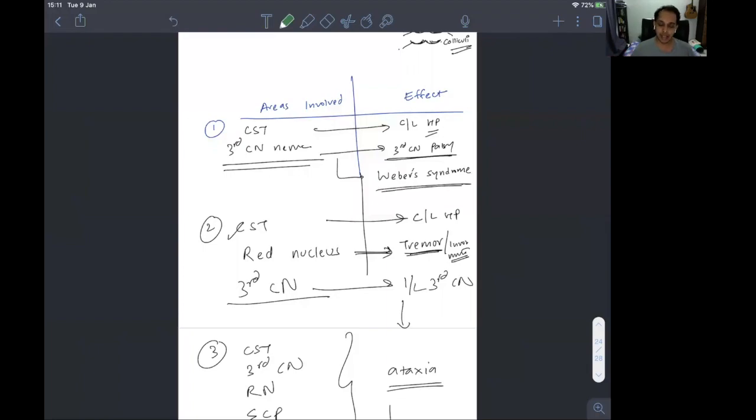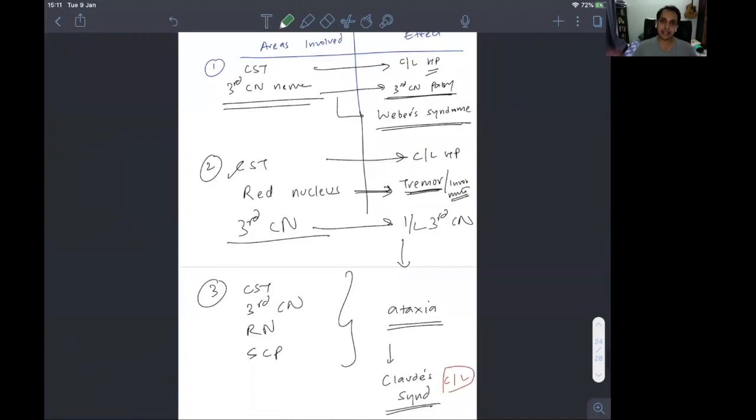In each one, there are several others, but discussing all of them will take a lot more time, and it starts to get a little confusing. If you want, we can take another lecture, brainstem stroke part 2, where we discuss all the rest. We won't have to cover all of these again; we'll just quickly revise this and then discuss the others.